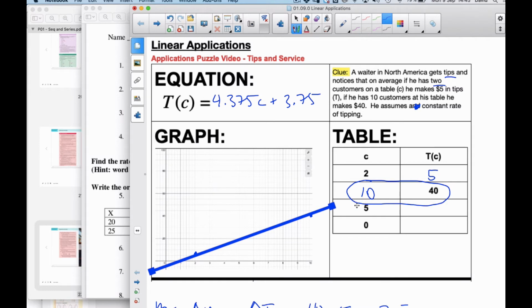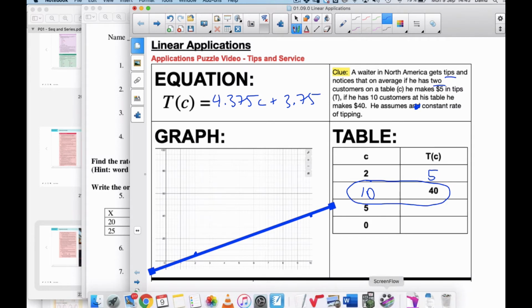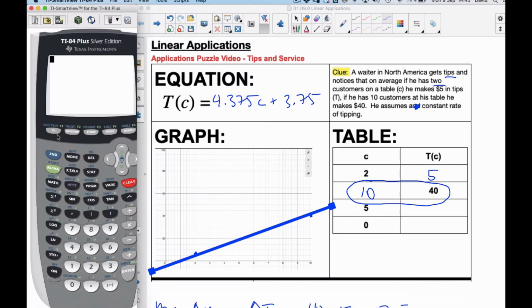So if I want to find the value here, I can type this into my function. If I clear this and clear that, turn that plot off, I can say 4.375x plus 3.75. And so if I want to, when it's 5, I can hit trace.